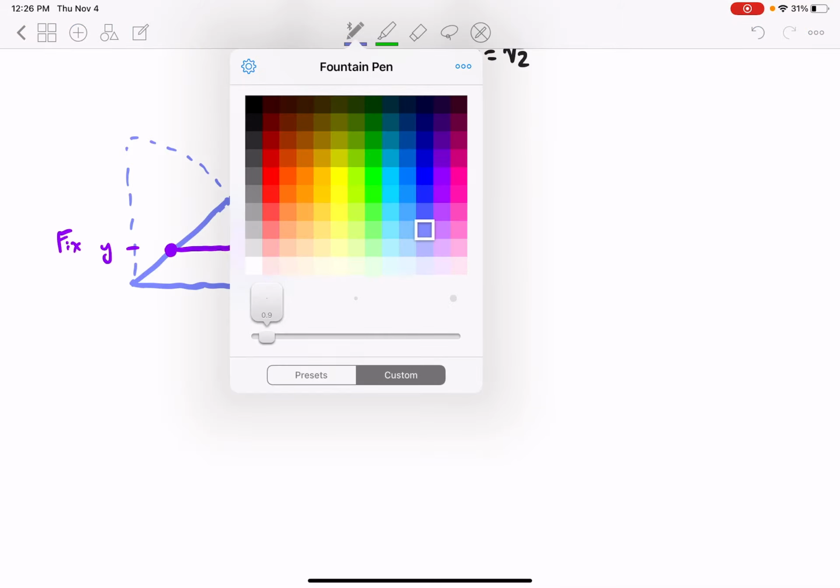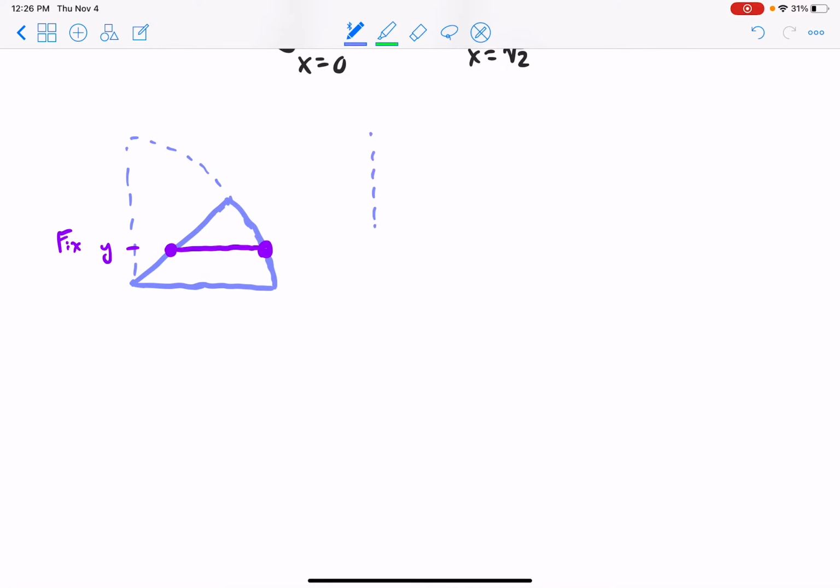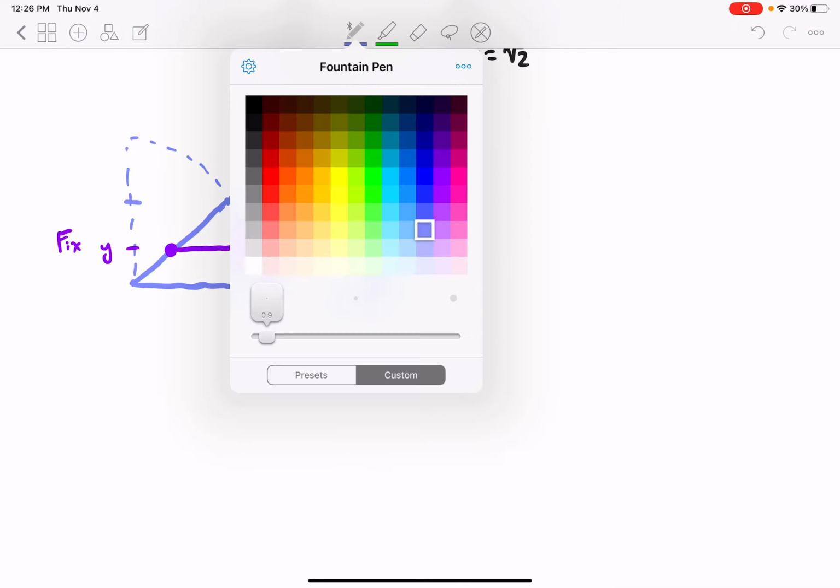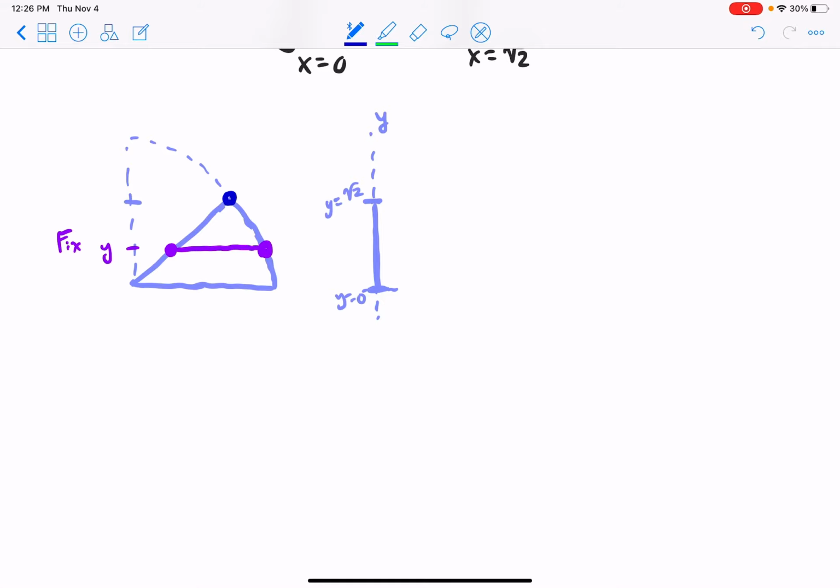And then when we project onto the y dimension, and we move y, then we see that y will go from y equals 0 to y equals root 2. Because remember, this was the point root 2, and this was the point 2, 0, and this was the point 0, 0.